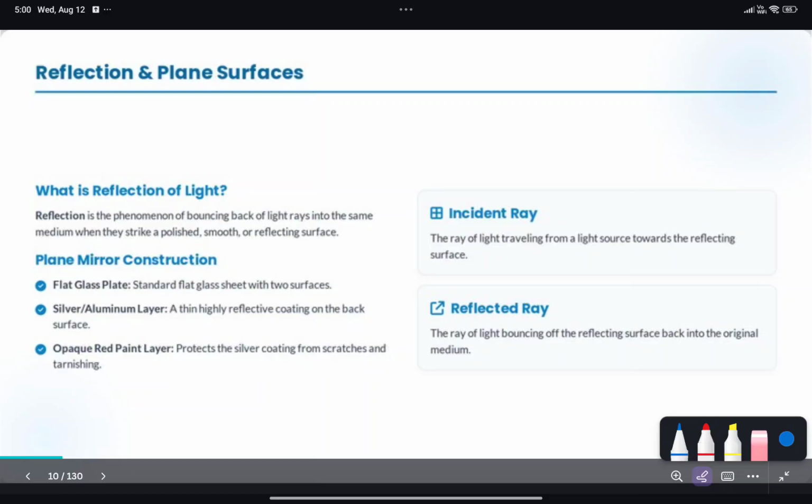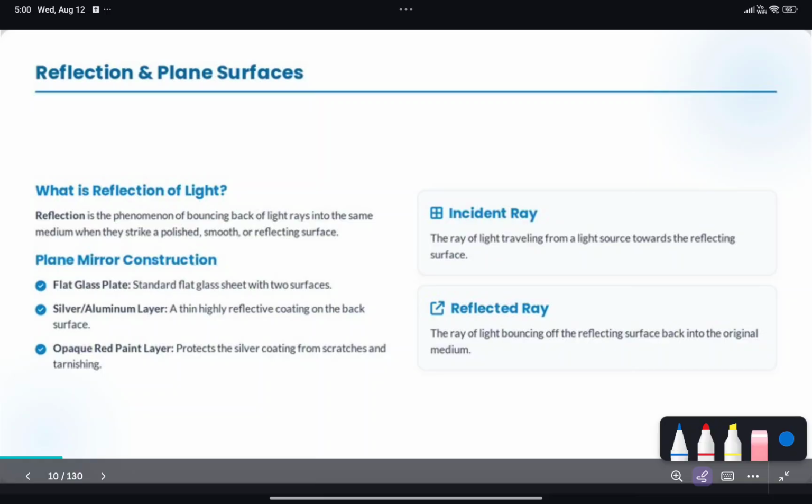Silver and aluminum layer. You can take silver or aluminum. How does it help?